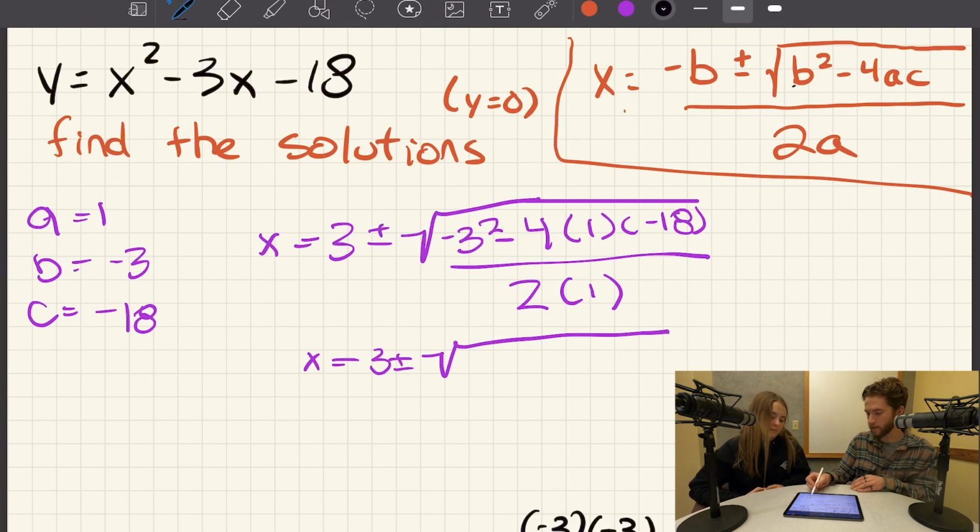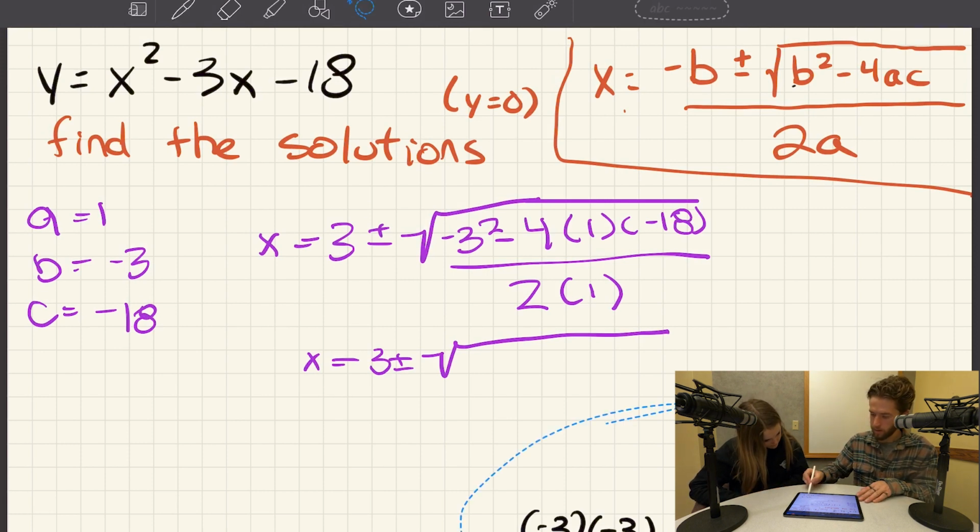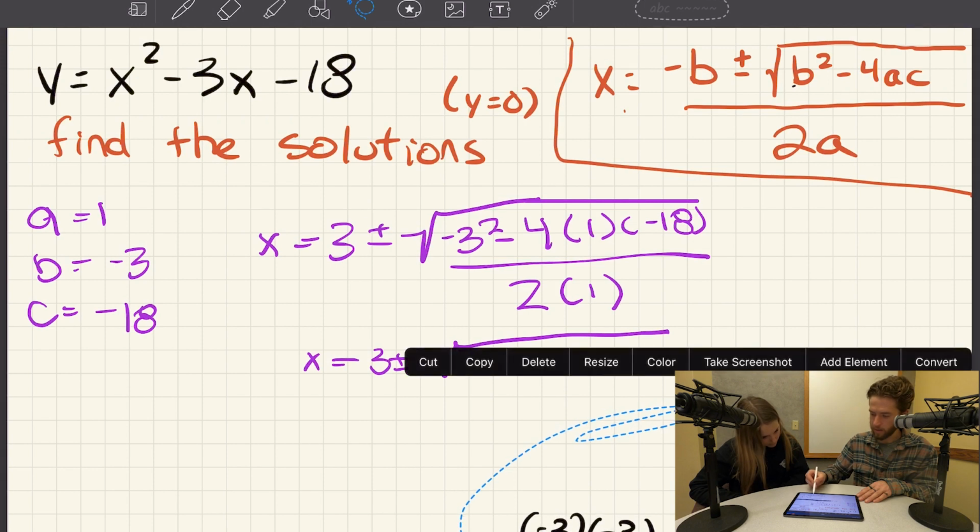In this case, the negative is going to be multiplied by itself. Your answer in this case, we're plugging the negative 3 in for b, so we're doing negative 3 times negative 3. Oh, so it would be 9.